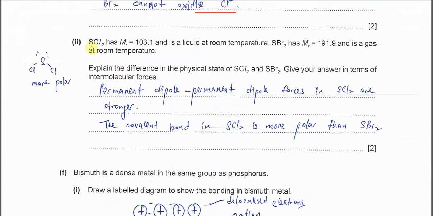Okay, so now we have the SCl2, which is a liquid, and SBr2 is a gas. From the states we know that the intermolecular force for SCl2 is much greater than SBr2. So therefore you need to relate to either size or the dipole or the polarity.